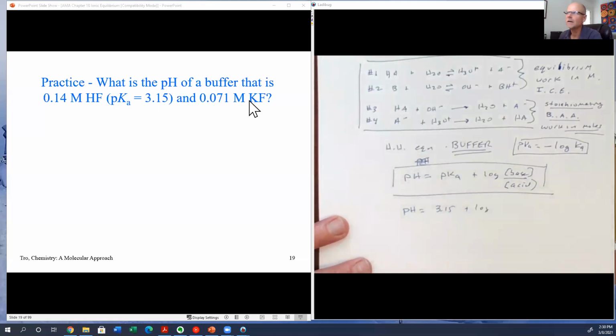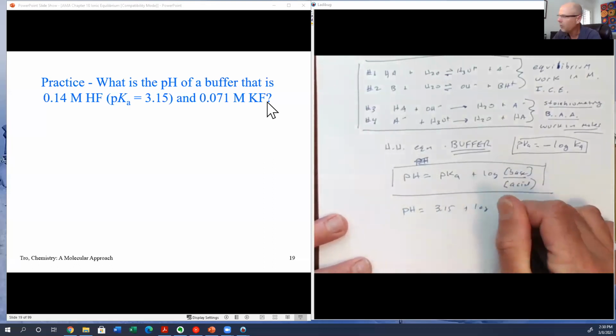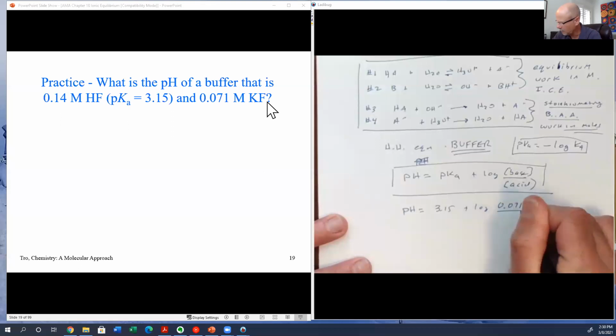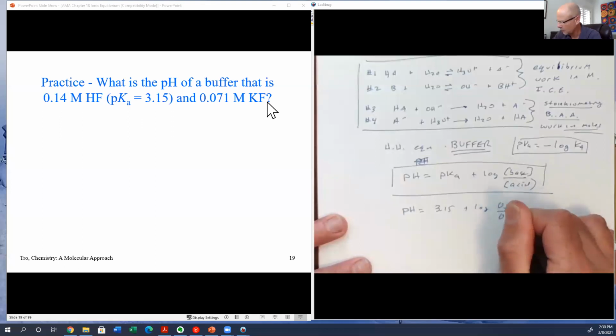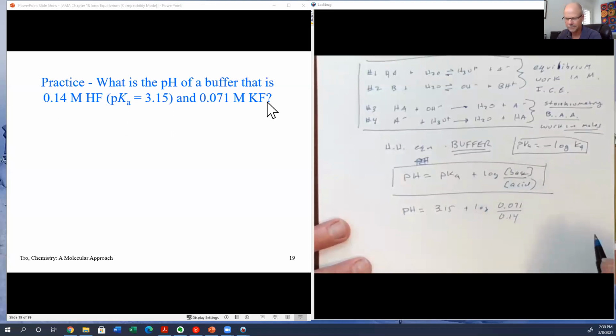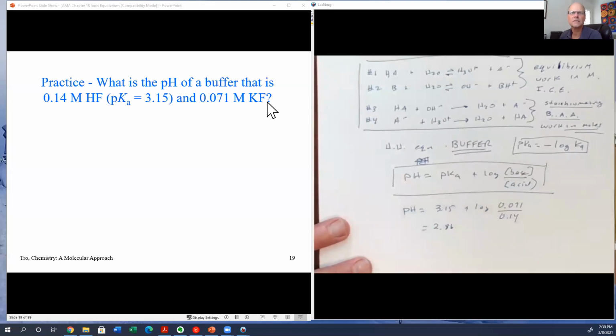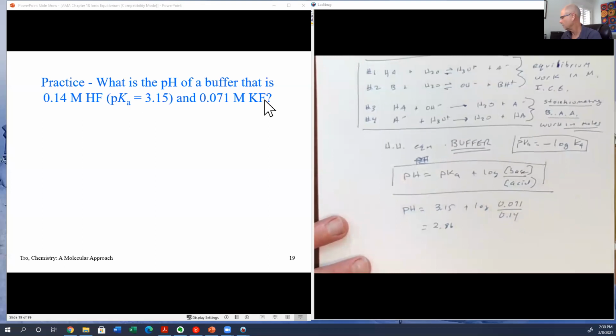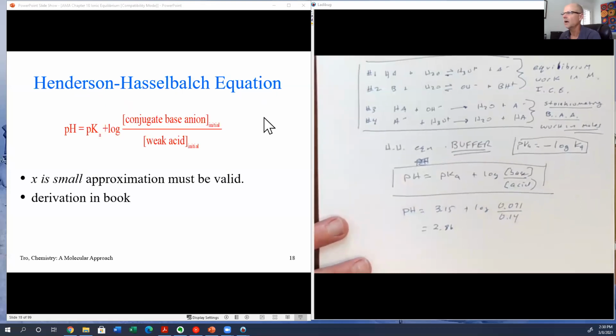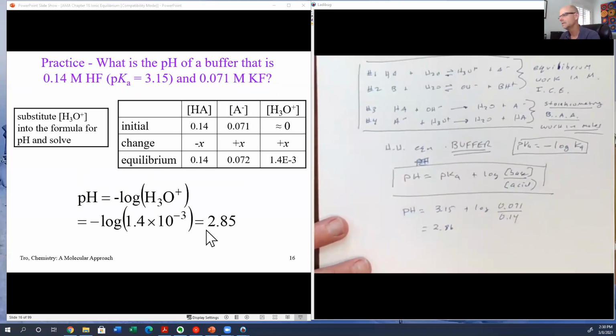Which is the KF. The KF, right? Potassium fluoride, because F minus is the conjugate base, right? So it would be 0.071 over 0.14, right? And if I work that out, I get 2.86, which is the same thing we got from doing all that work earlier, right?